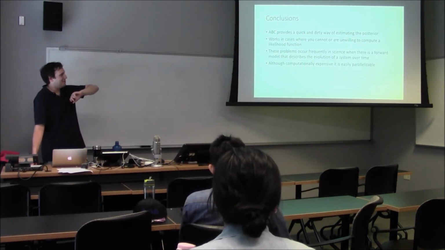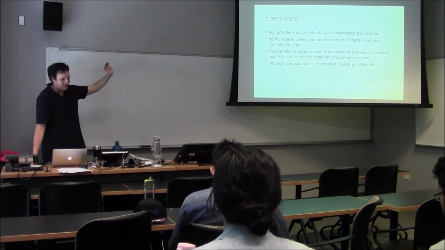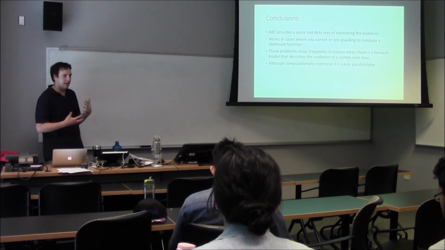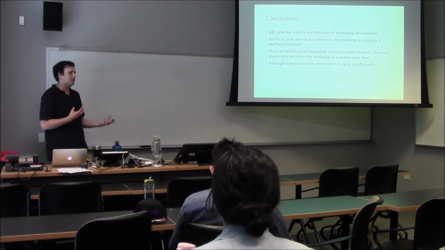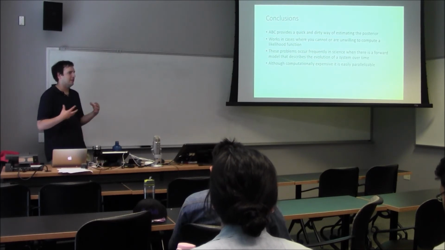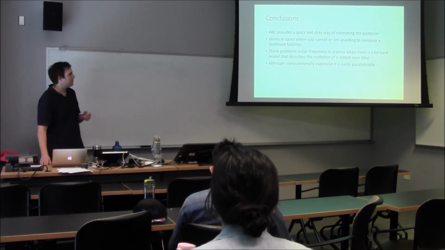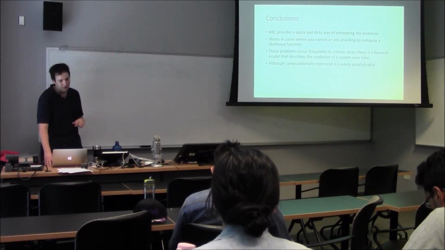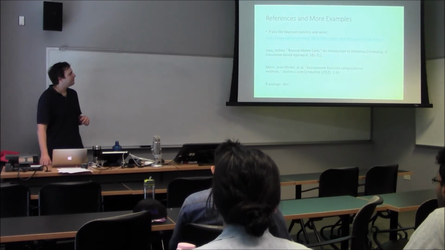These types of problems, as Dr. Smith and I were mentioning, happen a lot in science, where you are able to create models, but you can't necessarily compute a likelihood without making really huge assumptions. And although it's computationally expensive, it is very easily parallelizable. So if you've got more than one computer, you can double your speed.